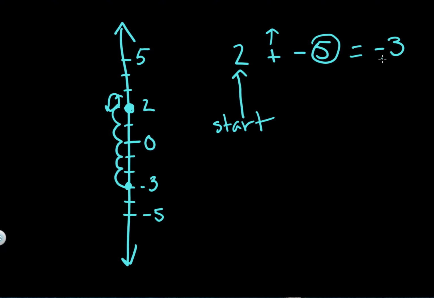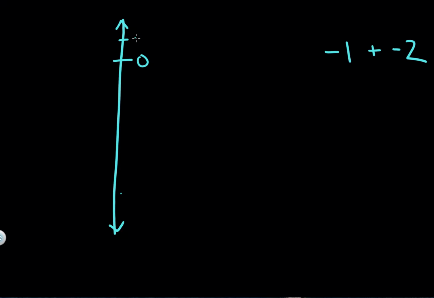Let's do another couple of examples of those. Let's try -1 plus -2. So we take my number line, 0, 1 here, -1, -2, -3, -4, -5.